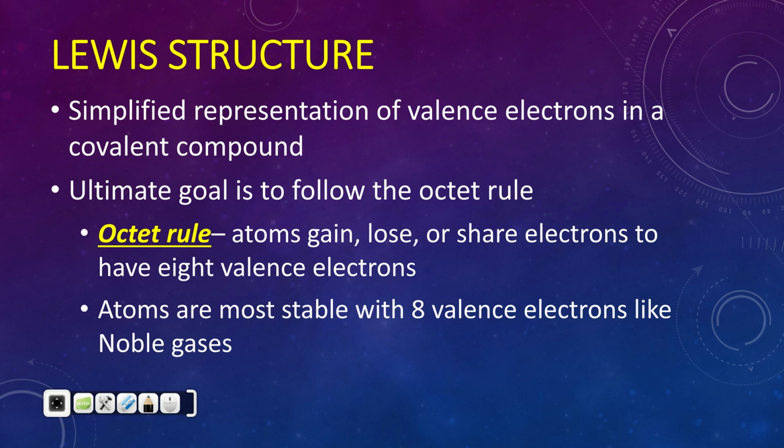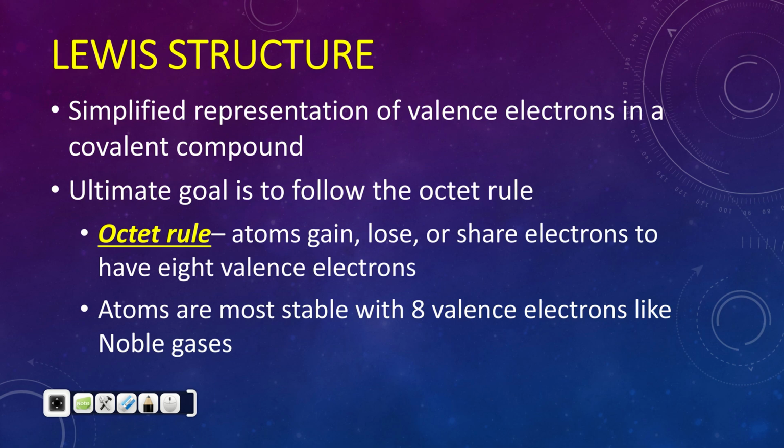The octet rule is where an atom will either try to gain, lose, or share electrons in order to have what appears to be 8 valence electrons around it. Again, 8 valence electrons is the magic number of stability in chemistry. When an atom has 8 valence electrons, it is in its most stable form.